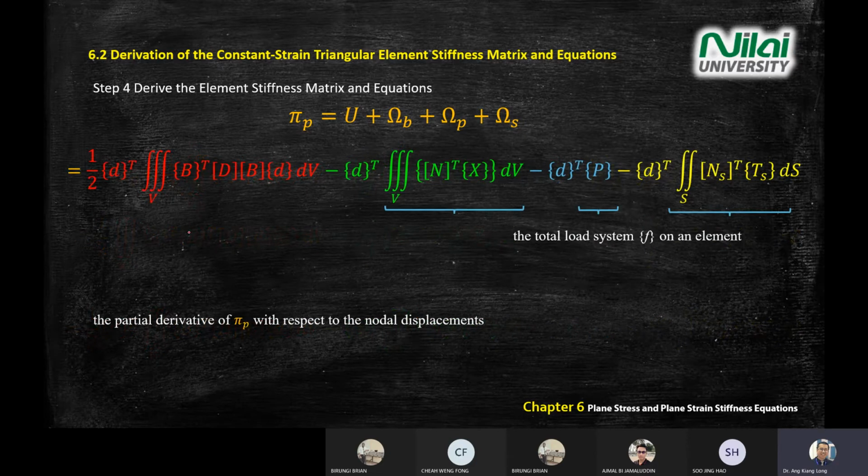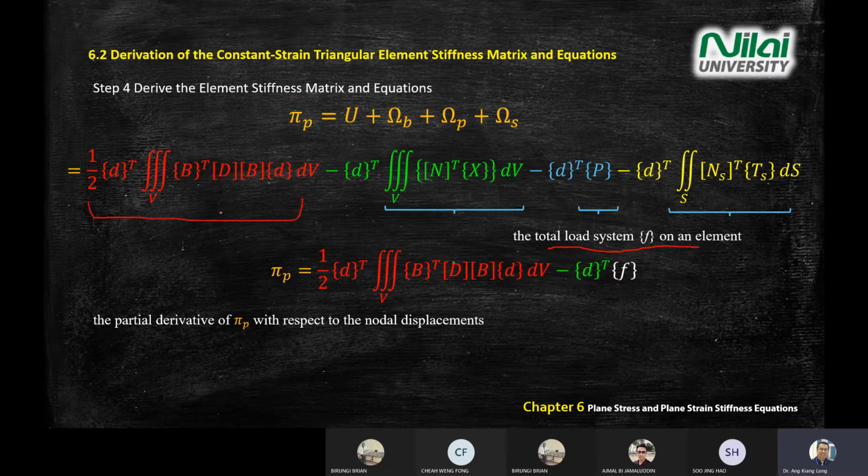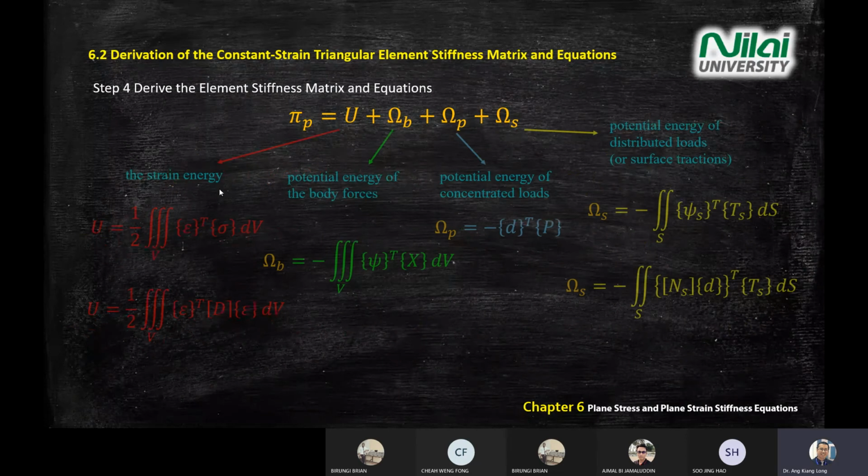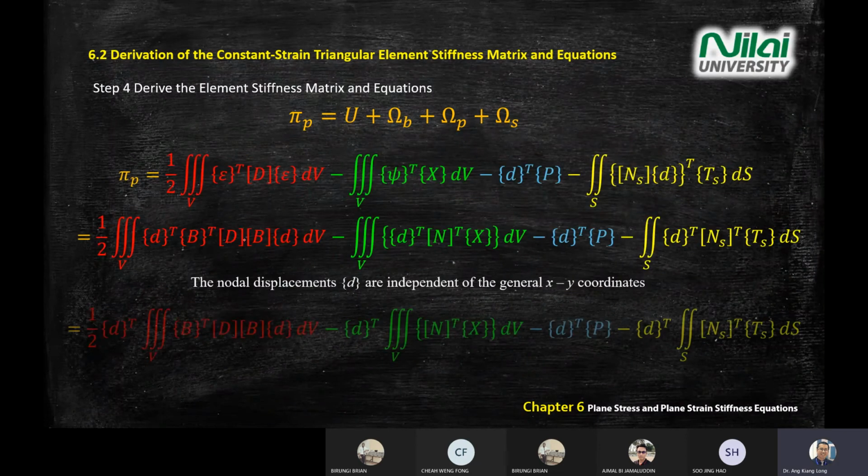So we will arrive at this equation. As you can see, I highlight with a light blue color. Light blue color means this is referring to the total load on the element, because the red color is the U, which is the strain energy inside the system.